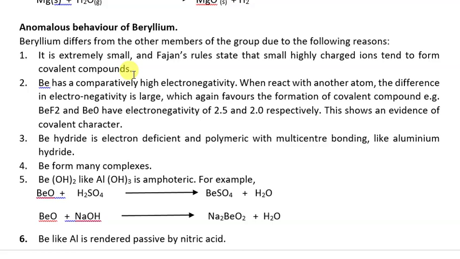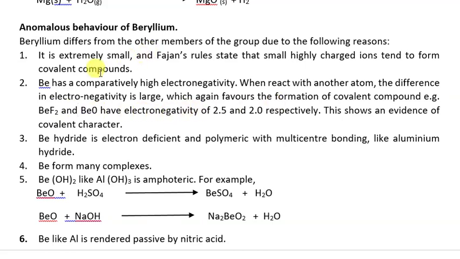Number 2, beryllium has a comparatively high electronegativity. When reacted with another atom, the difference in electronegativity is large, which again favors the formation of covalent compounds such as beryllium fluoride and beryllium oxide. All of these are just examples of covalent compounds.